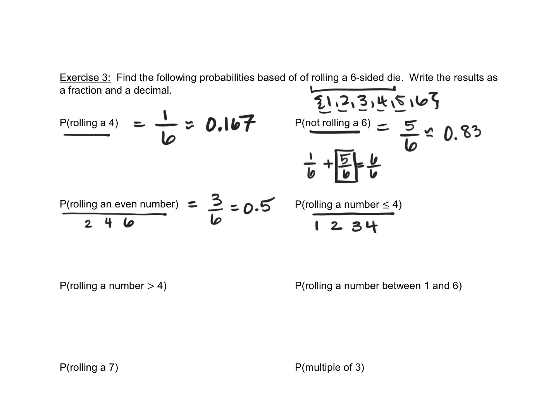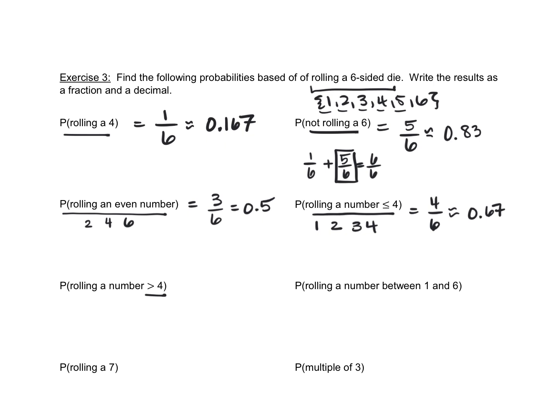So there are 4 different ways that that can happen out of 6, which, if we write our decimal for that, is going to be 0.67.